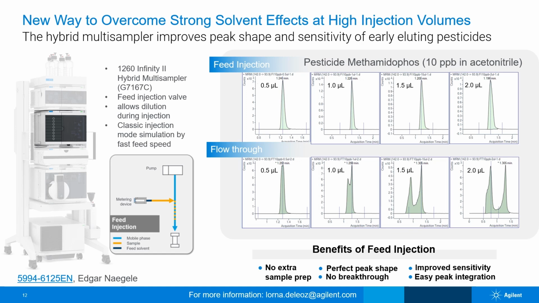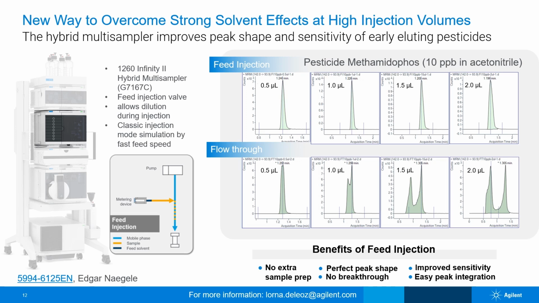The strong organic solvents that the sample is in after QuEChERS is a challenge because the LC gradient starts with an aqueous phase. This leads to peak breakthrough and poor peak shapes, especially as injection volumes increase. This new hybrid multisampler has that feed injection mode to address that challenge.